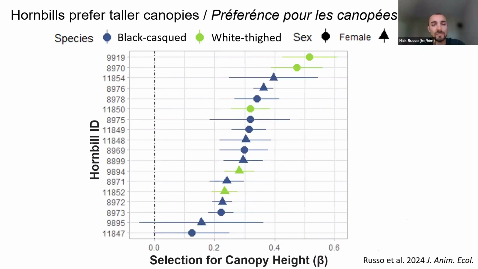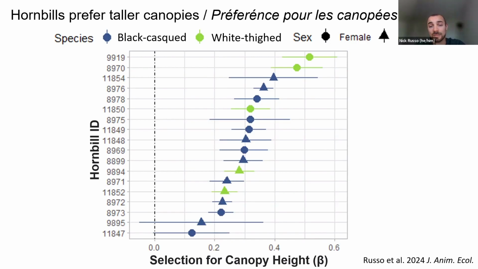variables. And what we found is that hornbills generally prefer taller canopies. On the y-axis of this figure, we have the individual ID of each hornbill. On the x-axis is that beta coefficient of selection for canopy height, which is a part of the integrated step selection analysis.